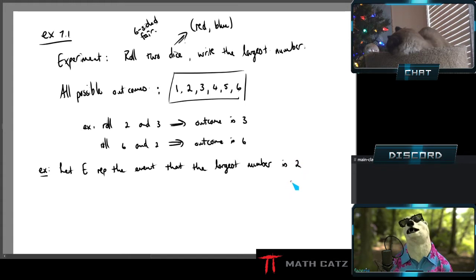Let's just make the first one easy. Largest number is a 2. Then I can, with my current knowledge and experience, write down the probability of this event occurring.